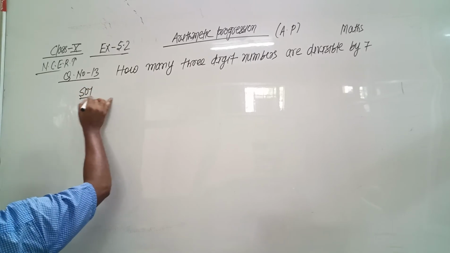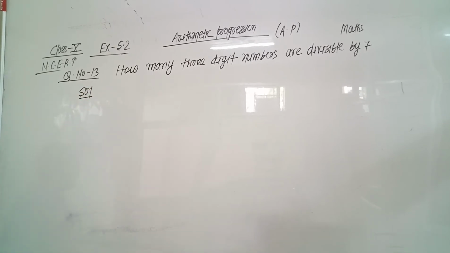How many 3-digit numbers divisible by 7?